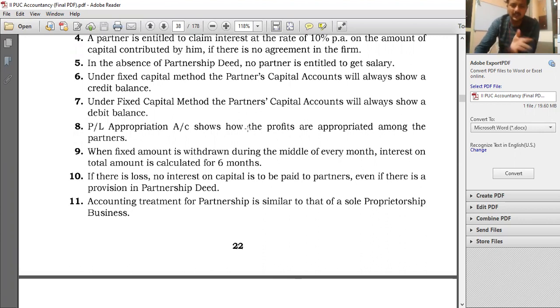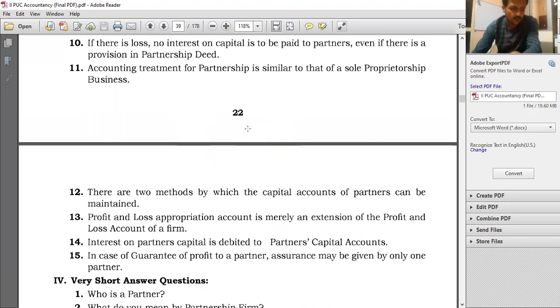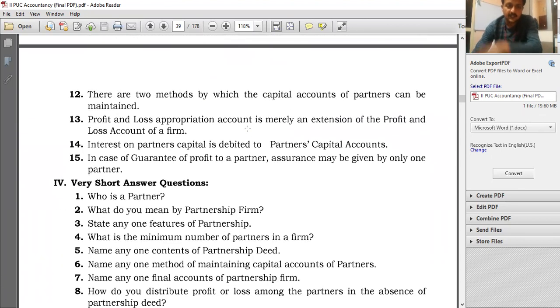Whether it is the month or the quarter, whatever it may be. Then if there is loss, no interest on capital is to be paid to partners, even if there is a provision in the partnership deed. This will not come, leave it, not required. Then there are two methods by which the capital accounts of partners can be maintained.